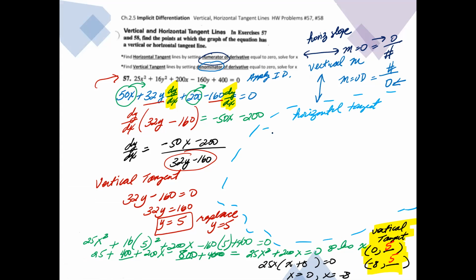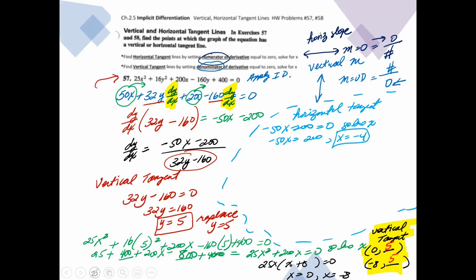So I have a negative 50x minus 200 equals 0. We're going to go ahead and solve for x. So then negative 50x equals positive 200. 200 divided by negative 50 is going to give me x equals negative 4.